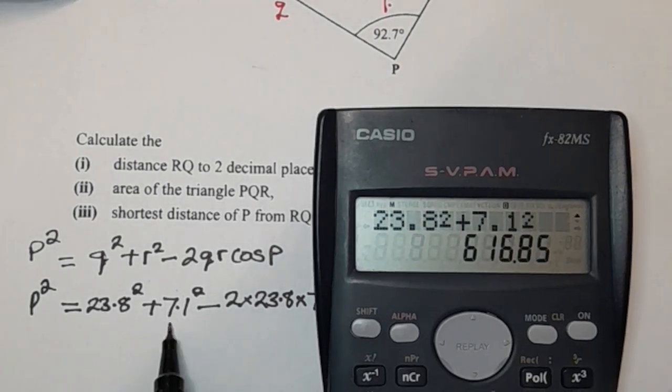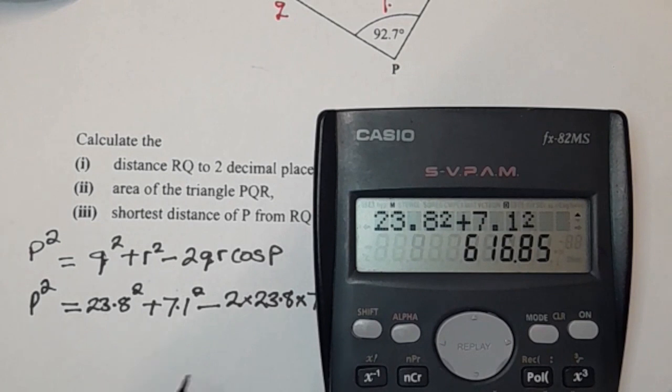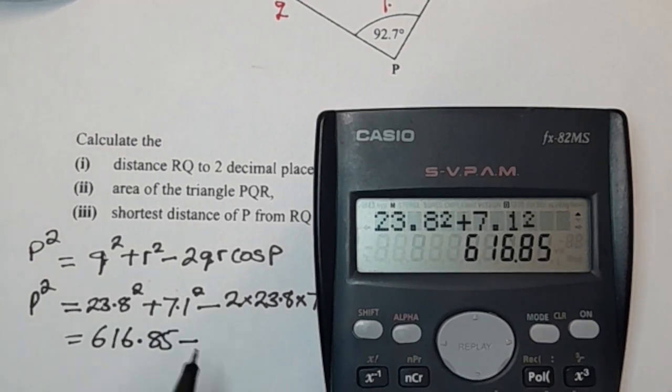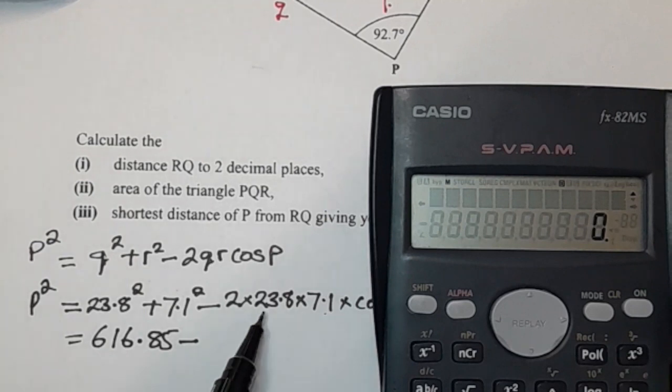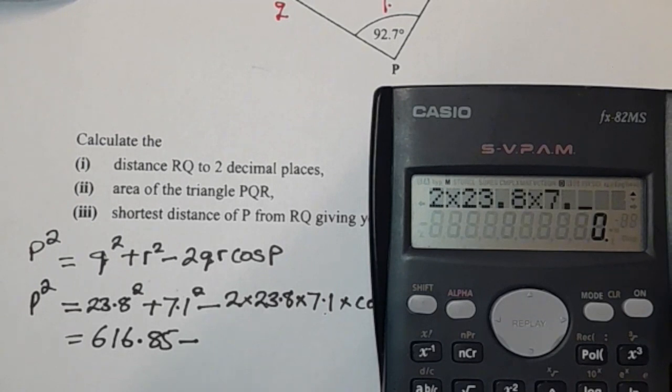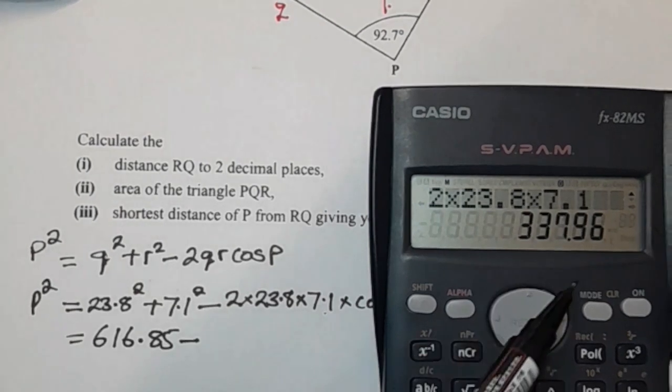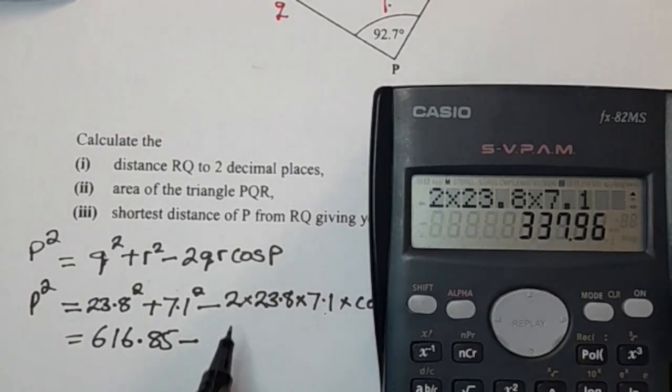This side gives 616.85. Then minus, you can also punch in 2 times 23.8 times 7.1, giving 337.96.